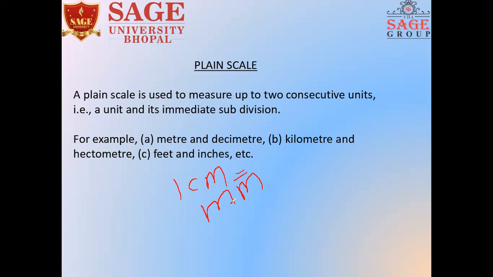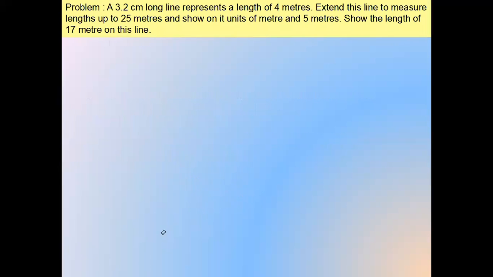So the plane scale is a very simple scale which is used to measure up to two units, for example meter and decimeter, kilometer and hectometer, feet and inch. I'm taking a problem which is based on the plane scale.